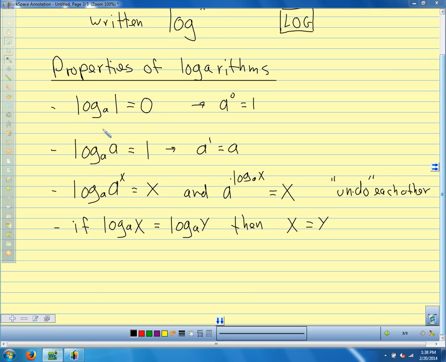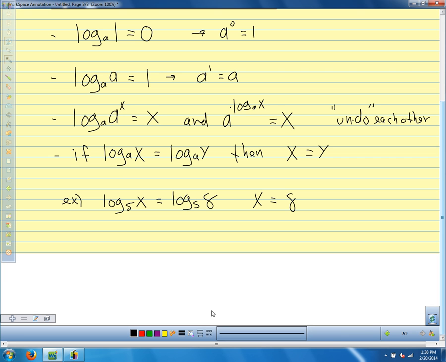So let's look at a couple of quick examples of using these properties. Log base 5 of x equals log base 5 of 8. So x equals 8. Same base, these two are equal, so what we're plugging into the function has to be equal. So x equals 8.